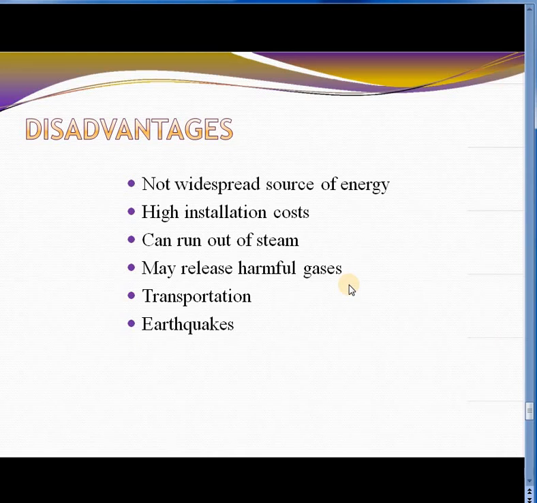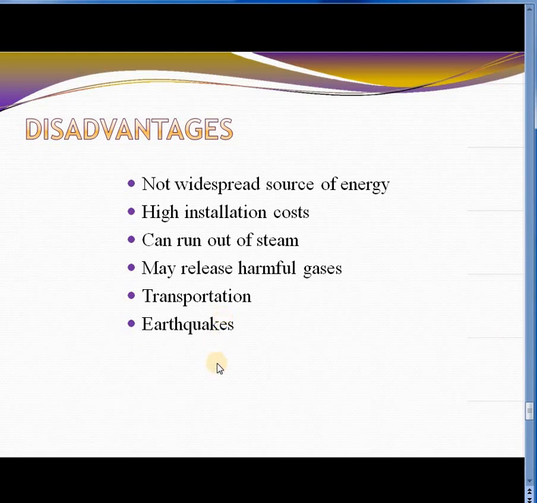Another disadvantage is that it is not necessary that steam is released throughout the generation process, and the transmission of energy sometimes takes high cost, so it can be used within the confined area of the utility grid.